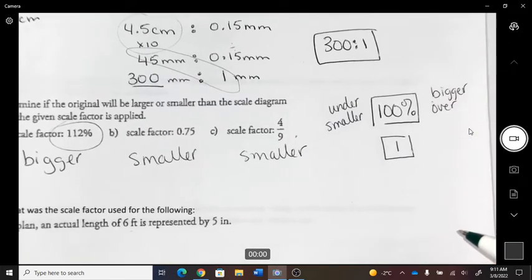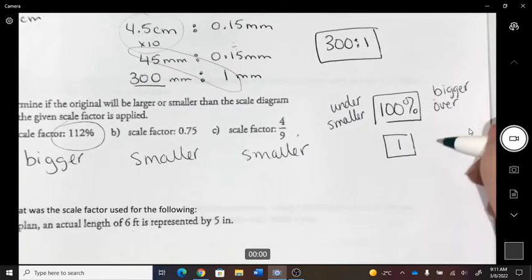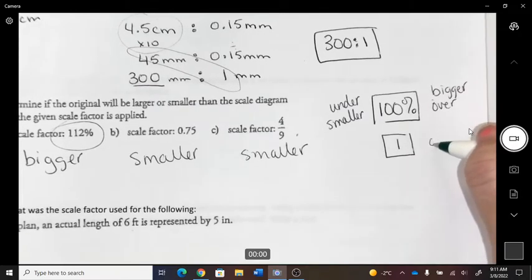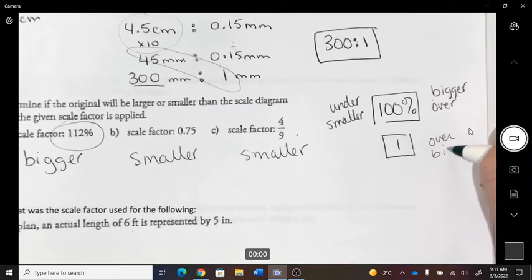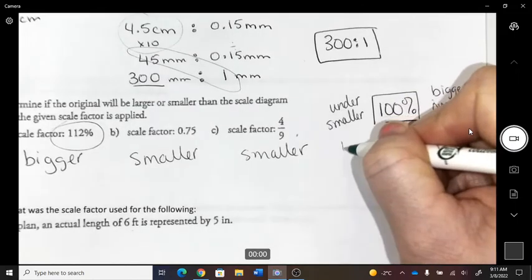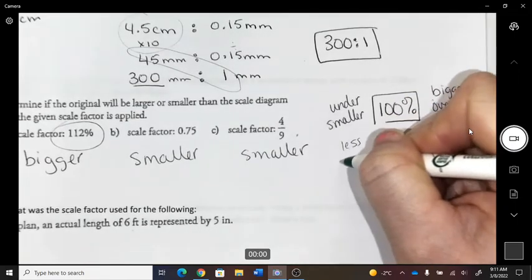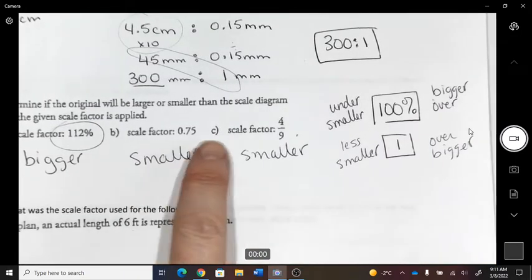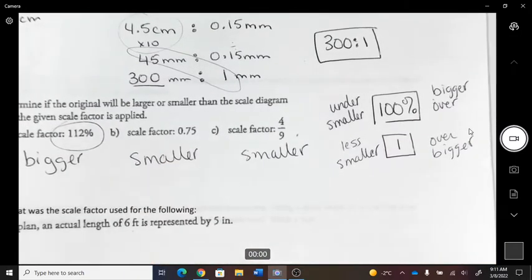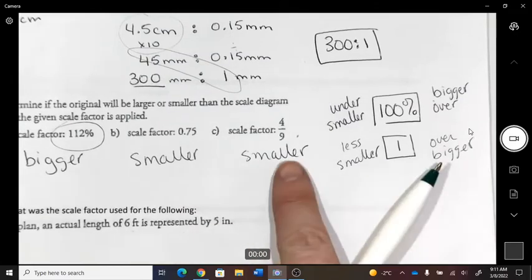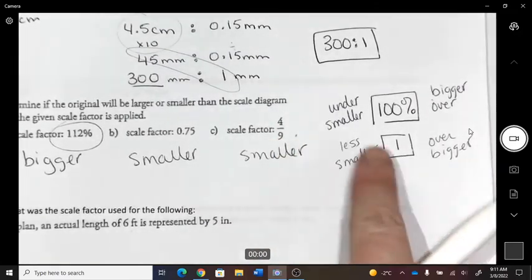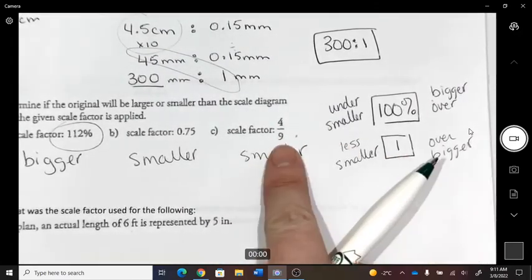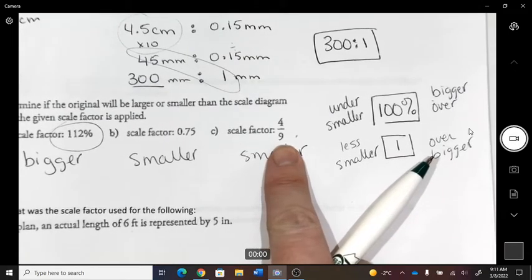Okay? If you're comparing just numbers, if you're a number that's over 1, you're going to get bigger. If you're less than 1, you're going to get smaller. So that's why 0.75 got smaller. And then fractions, same idea. Is it bigger or smaller than 1? So that's smaller than 1.